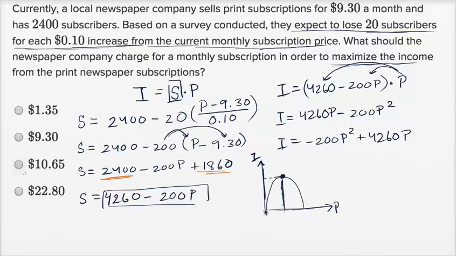You can find the roots. You could find the x values that make this function equal 0, and then the vertex is going to be halfway between those points. That's one way to do it.